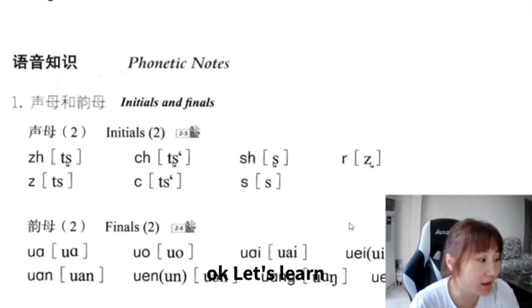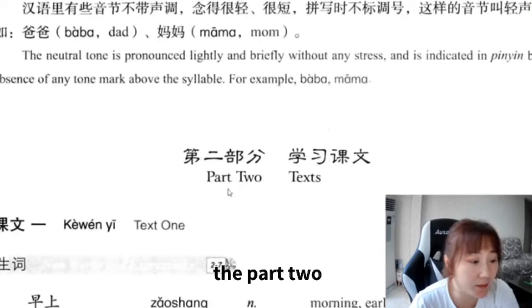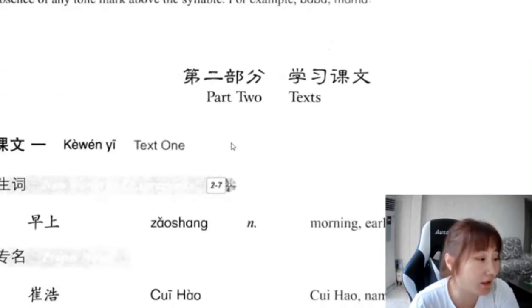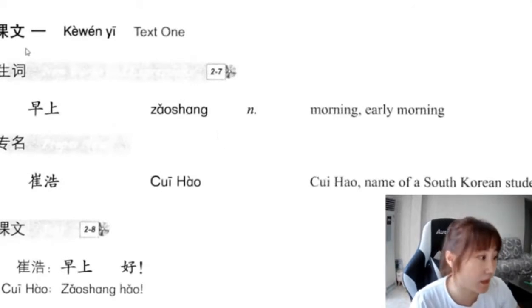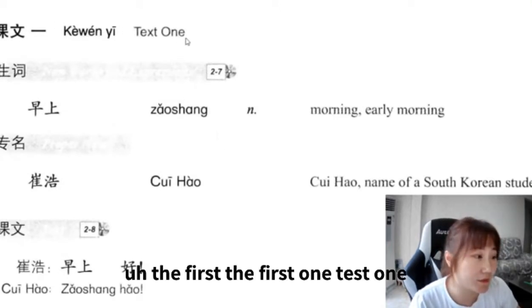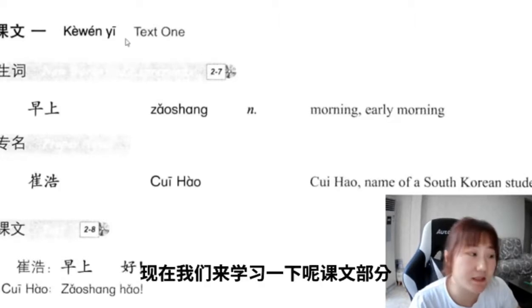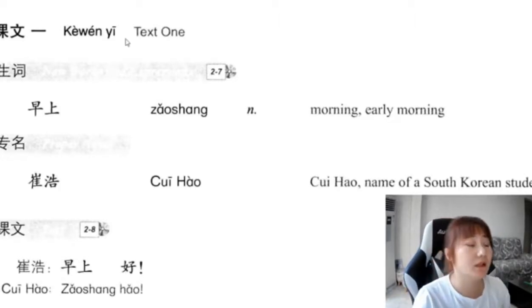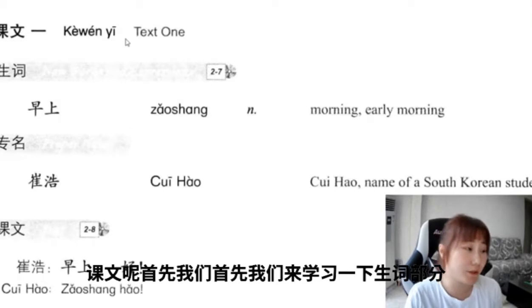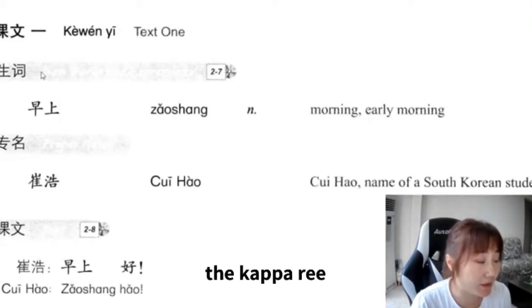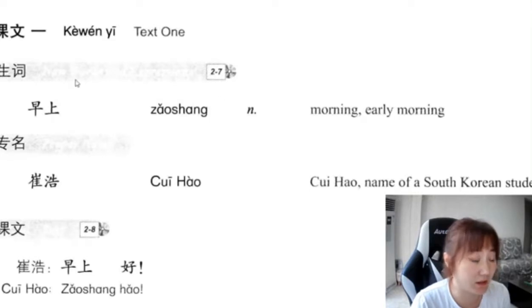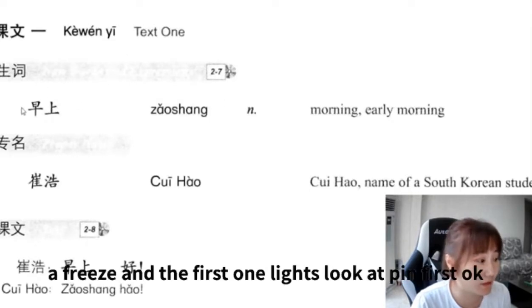Okay, let's learn Part 2, the text. The first one, text 1. 好的,现在我们来学习一下课文部分。课文呢,首先我们来学习一下生词部分。The vocabulary, Chinese characters and phrases.